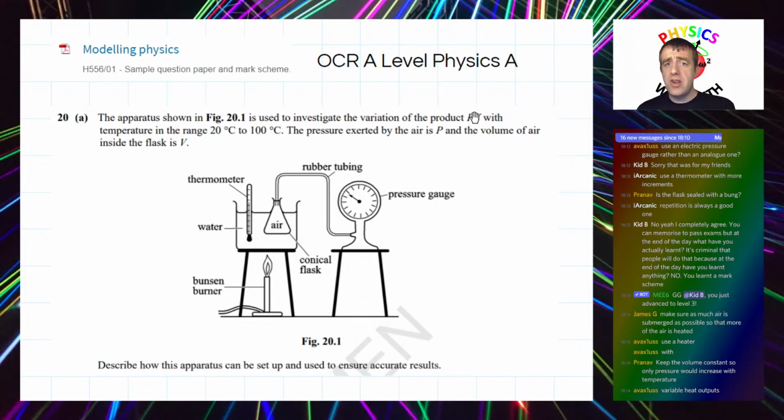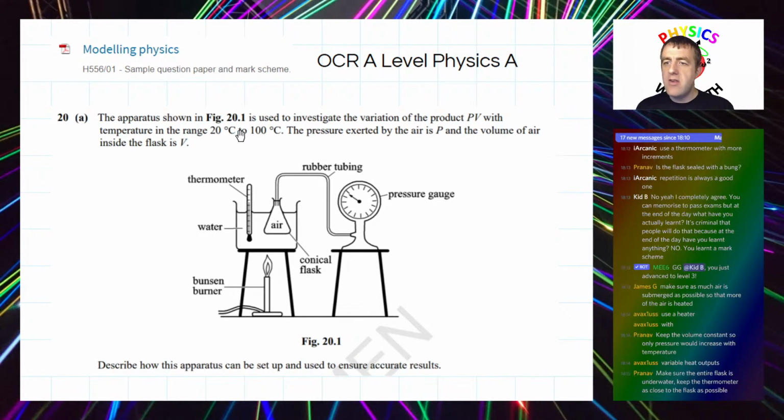The variation of the product PV with temperature. So does it matter whether or not we heat it at a constant rate? There's no time in there. Time doesn't appear in there. So the thing about making sure you've got a better heater, that sort of thing, I would say no.